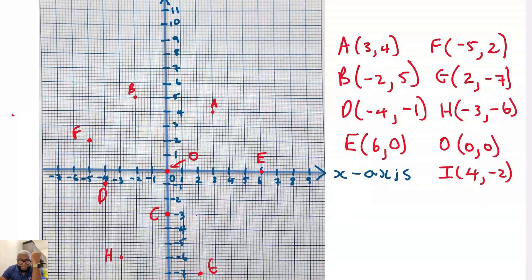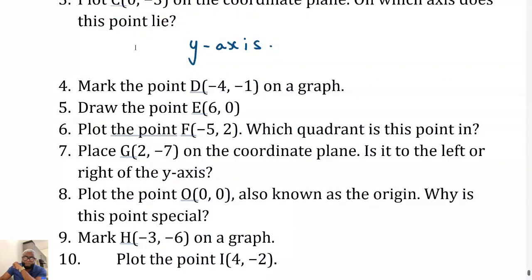Positive 4 on the x, negative 2 on the y. So we're going down. We're going down right here. That's it? Right?